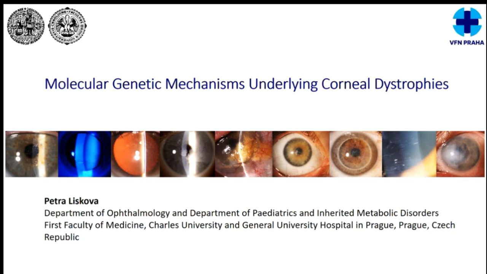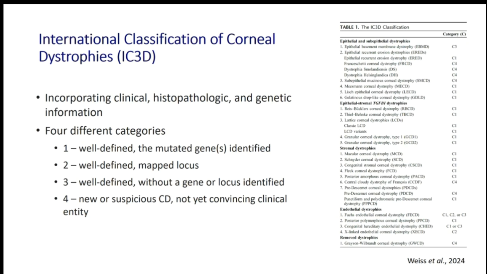So my presentation is entitled Molecular Genetic Mechanisms Underlying Corneal Dystrophies. So genetic research has made a huge impact on our understanding of corneal dystrophies. As you may know, in 2008, the International Classification of Corneal Dystrophies was published, and this for the first time incorporated also molecular genetic knowledge.